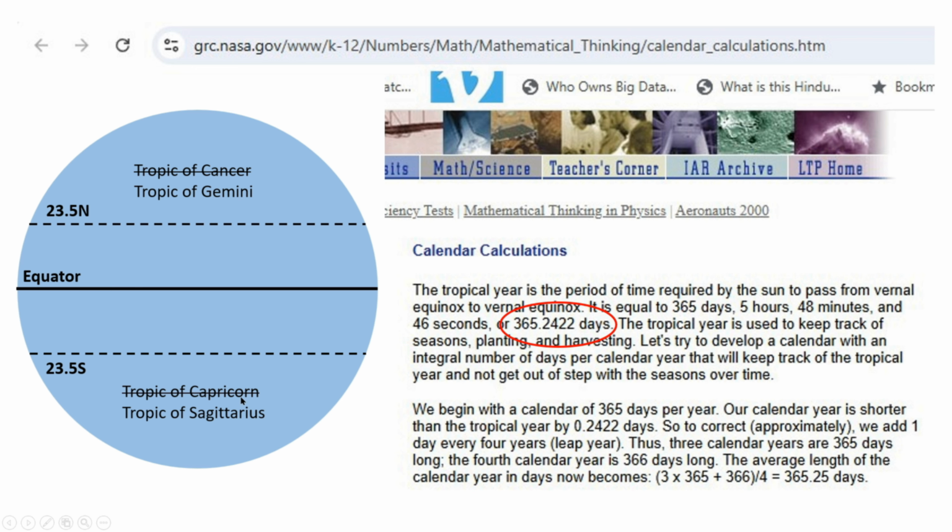Similarly, the 23.5 south is called the Tropic of Capricorn in the textbooks till now. But the sun is no more in the Capricorn zodiac when it is in the southernmost position. It will be in Sagittarius, and in another 400-500 years it will leave Sagittarius and move into Scorpio.